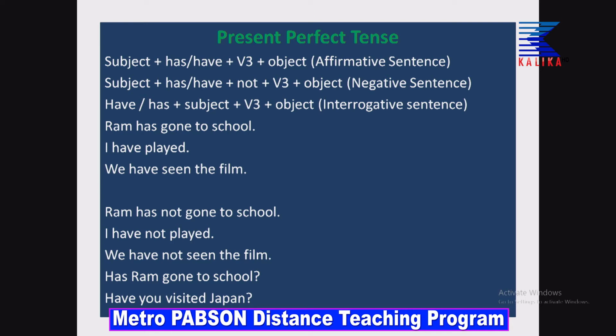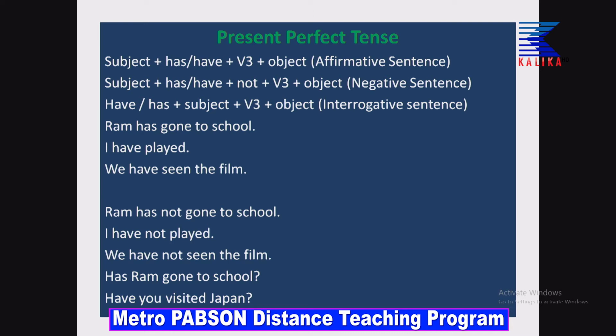Now here some examples, children. Ram has gone to school. I have played. We have seen the film. Ram is singular, children, and that is why we are using has, and gone is verb 3. So, Ram has gone to school. I have played.